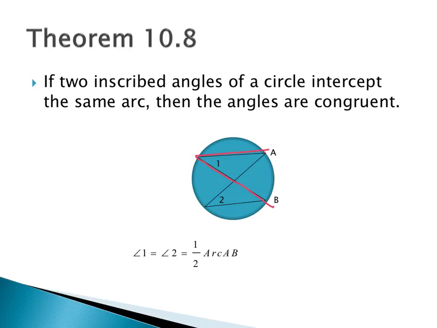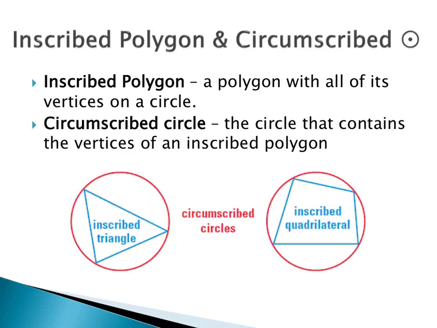So if I had the value of arc AB, how would I find angle 1? It'd be half of it. Good. So now look at angle 2. Angle 2 intercepts what arc? AB. So let's say that this arc was 100 degrees. What would be angle 1? 50. What would be angle 2? Makes sense that they're the same, right? So if two angles intercept the same arc, then they're going to be congruent, because they would both be half of the same measure. So angle 2 would be 50?